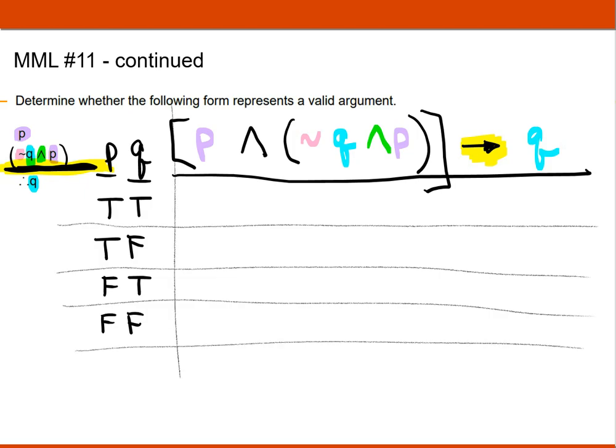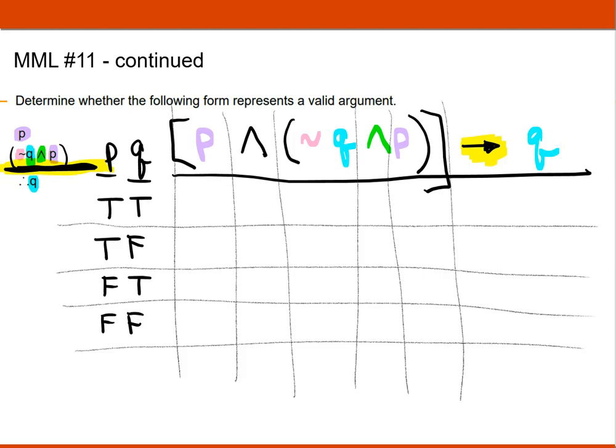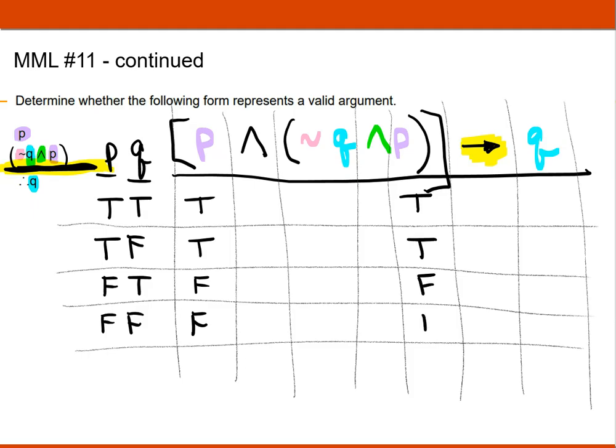And then the P gets its own column, the and gets its own column, the negation of Q, this and, that P, the if-then, and the Q. And then I look for anything I can copy, which I have 2 P's that I can copy. This P is true, true, false, false, and this P is true, true, false, false. And then Q is true, false, true, false.